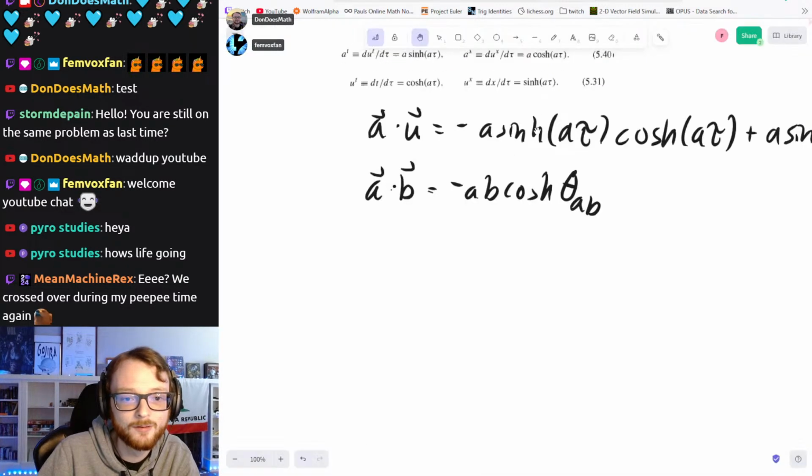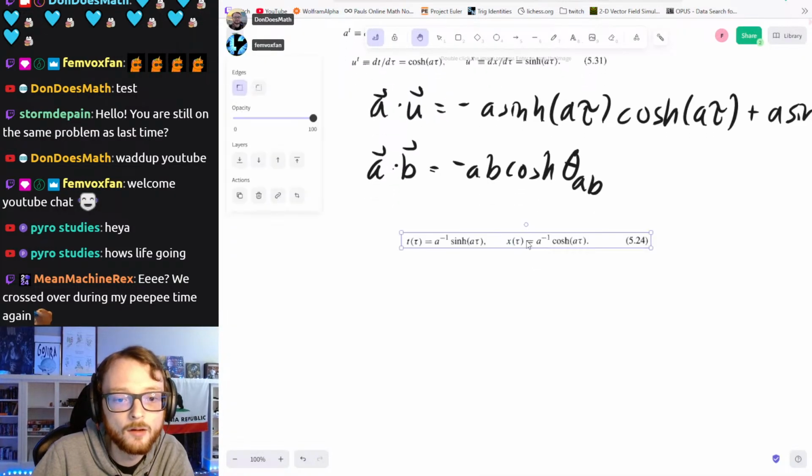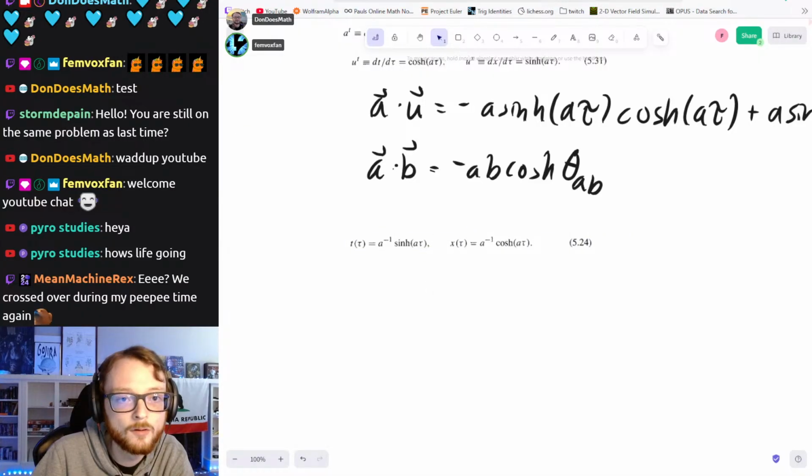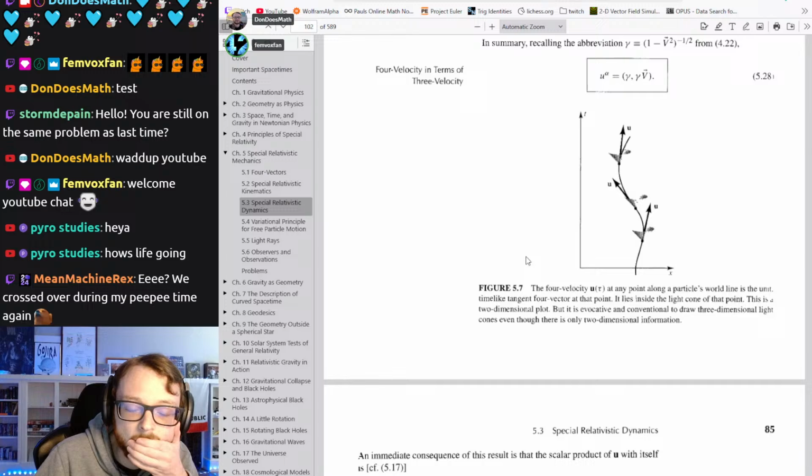Really? Or like the dot product thing doesn't seem to be true, so I would assume it's not. Figure 5.7 says something about... Okay, what does it say? The forward velocity at any point along a particle's world line is the unit time-like tangent 4 vector at that point.